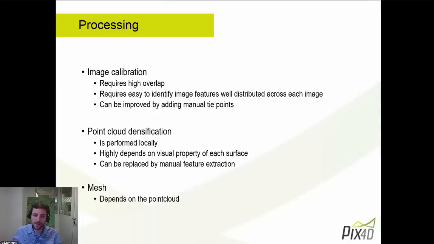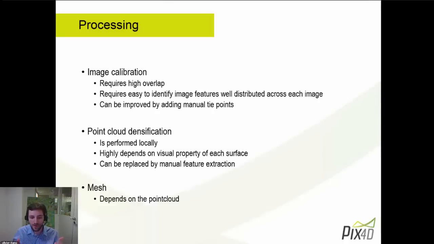However, the good news is that you don't need all the time to perform point cloud densification. You can also do manual feature extraction by using the ray cloud and by extracting points. And in that case, you again are in a very highly accurate mode, which doesn't depend on the texture behind it. Finally, and that's a feature of Pix4D Mapper 1.3 that's going to be released in a few weeks, is the possibility to generate mesh.